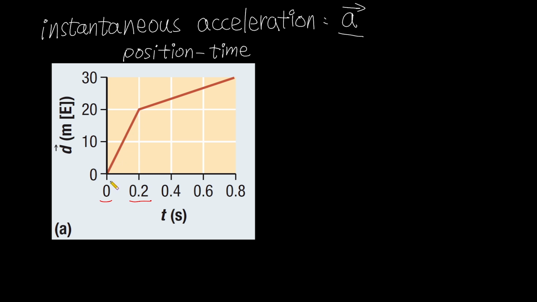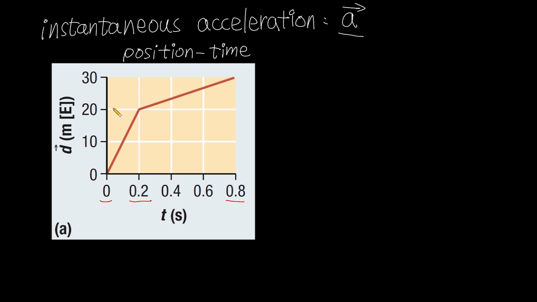So from 0 second to 0.2 second, the velocity of this object is a constant. And similarly, the position time graph from 0.2 second to 0.8 second is a line segment, and the velocity of this object from 0.2 second to 0.8 second is also a constant.